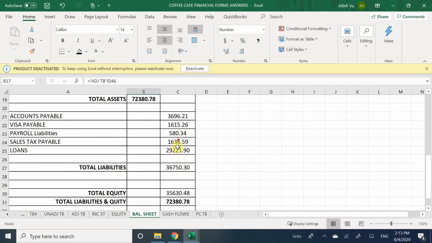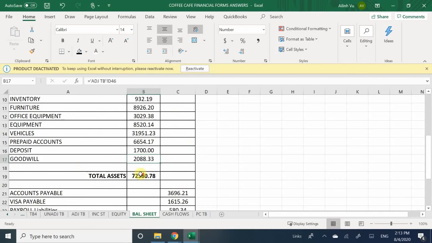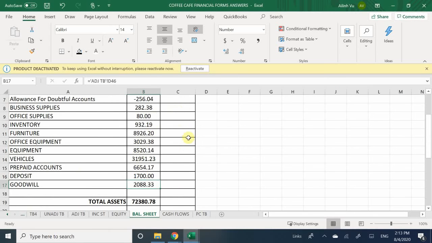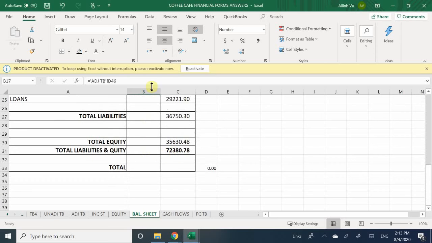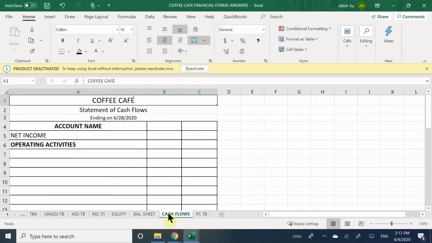It's just a cleaner way to organize your information versus having things here and here and here. So in this case, that's how I organize it, to just have all my assets on the left side and then all my liabilities and equity on the right side. Okay, so financial statements do not reflect debits and credits. Financial statements are their own separate way of how you want to organize your information.